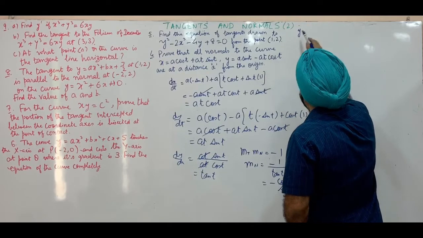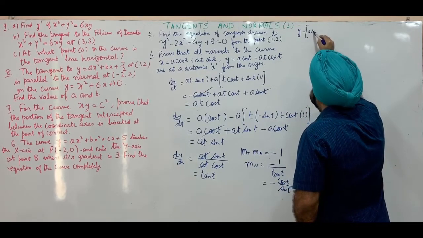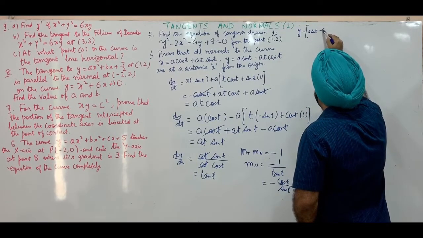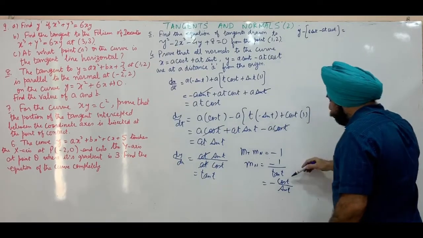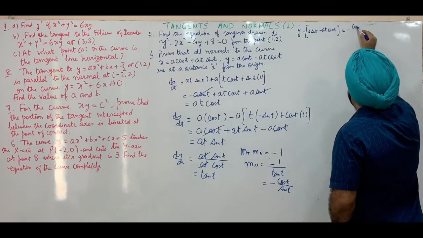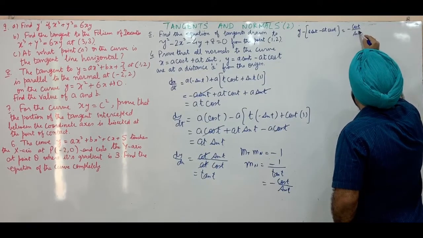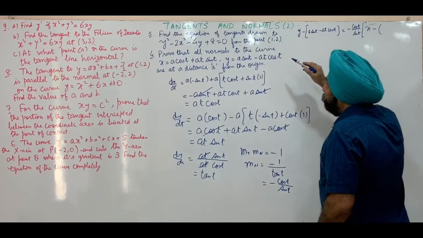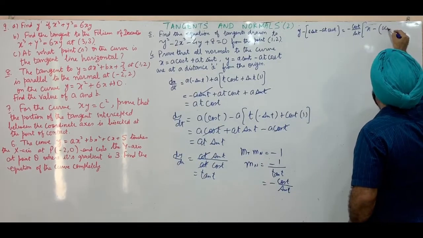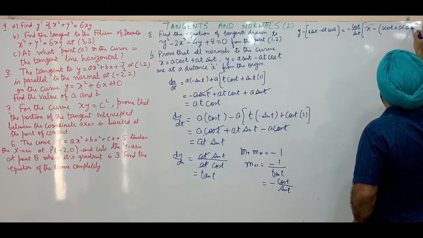Y minus y1, this is a sin t minus a t cos t. This is equal to slope of normal, minus cos t upon sin t, into x minus x1, which is a cos t plus a t into sin t.